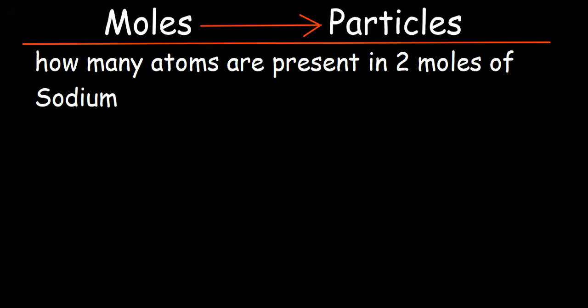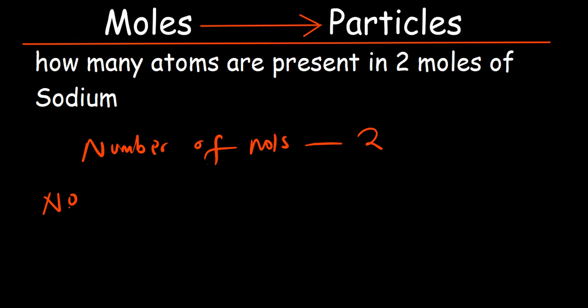The number of moles that we've been given is 2. Then we already know the Avogadro's number. So what would be the number of atoms? The way we find the number of atoms or particles is going to be what you have as the moles. We have 2 moles, so we're going to have 2 moles multiplied by what do we have as particles?